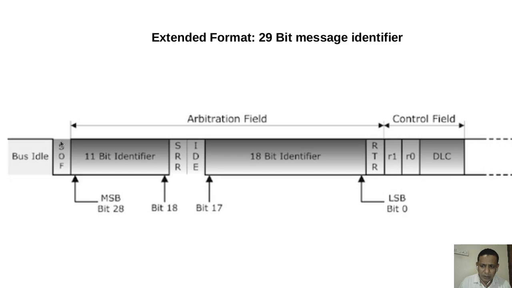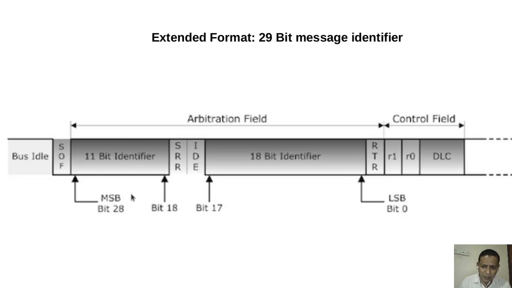Again, similarly here also start of frame. This is dominant. Again 11-bit message identifier. Then the IDE, which will decide whether it is standard frame format or extended frame format. Then again an 18-bit identifier, and so it is totally 29 bits.